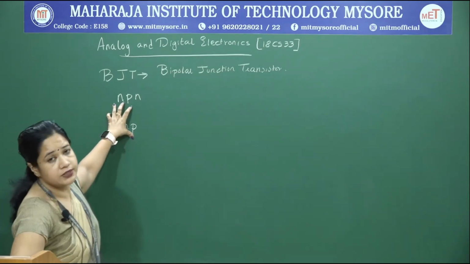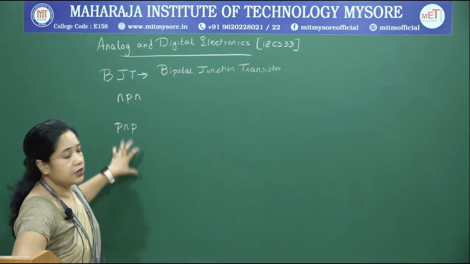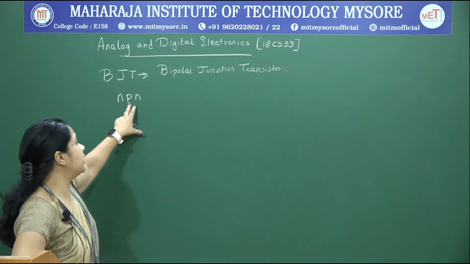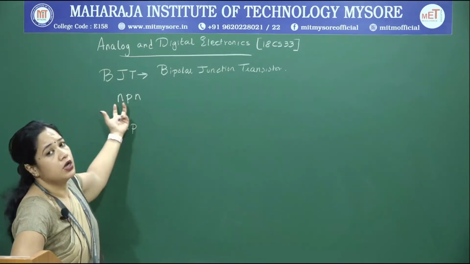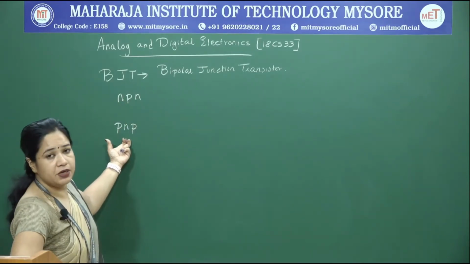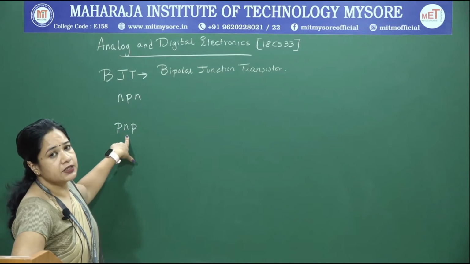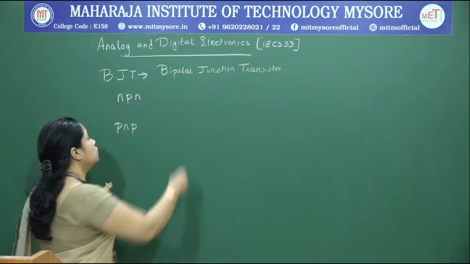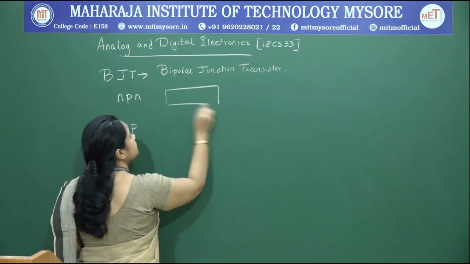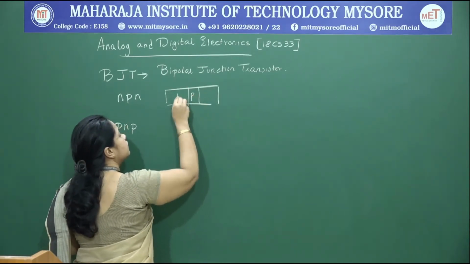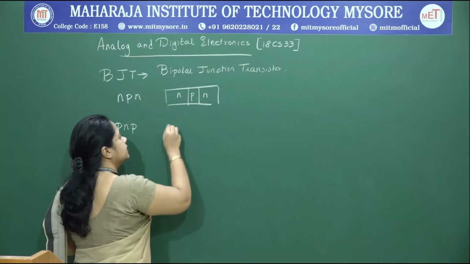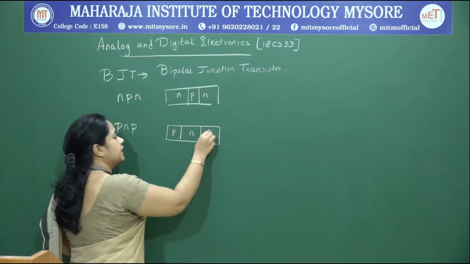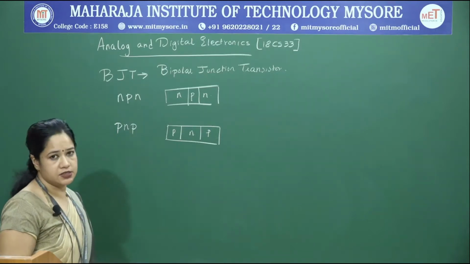Coming to an NPN transistor, a P layer is sandwiched between two N layers, and in a PNP transistor an N semiconductor layer is sandwiched between two P layers. So you have P sandwiched between two N layers and an N sandwiched between two P layers to form an NPN or a PNP transistor.